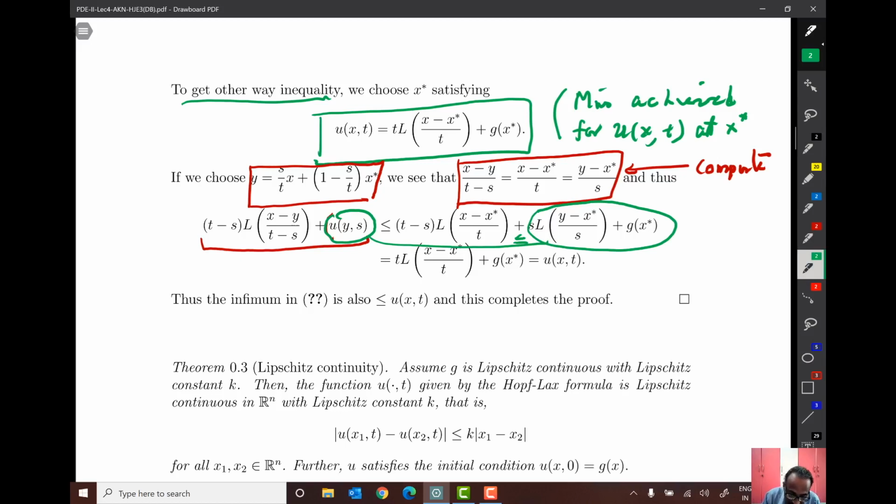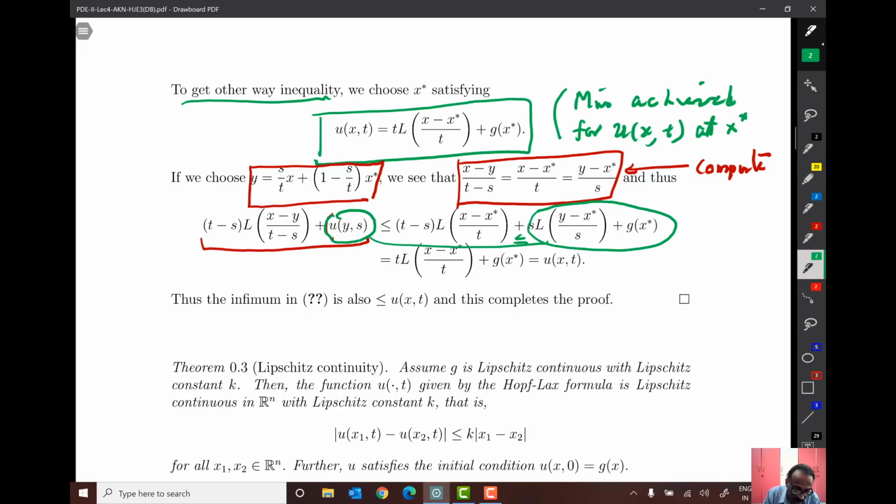So once you do that, you will have (y minus x star)/s is same as (x minus x star)/t. So s and this cancel, you get t into L of (x minus x star)/t and your g(x star), and that's nothing but your u(x,t) here. So you have this formula less than or equal to u(x,t).